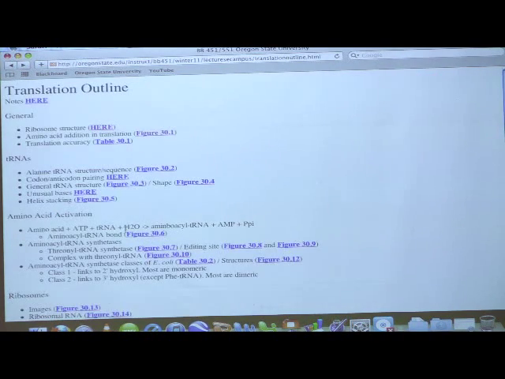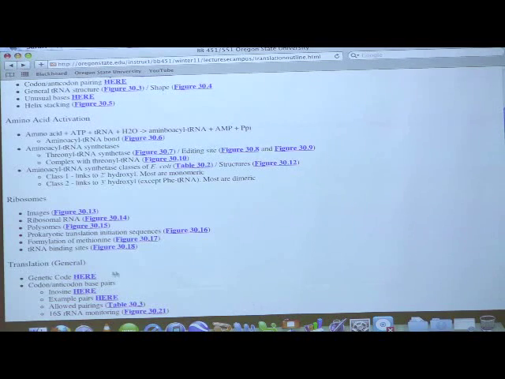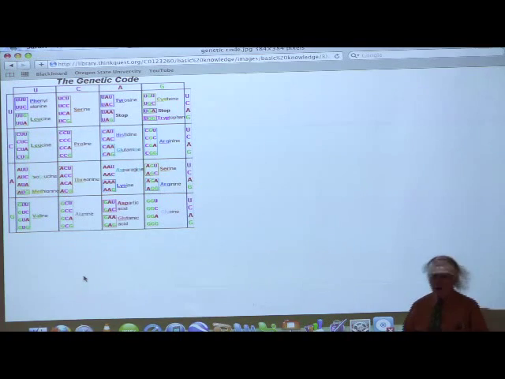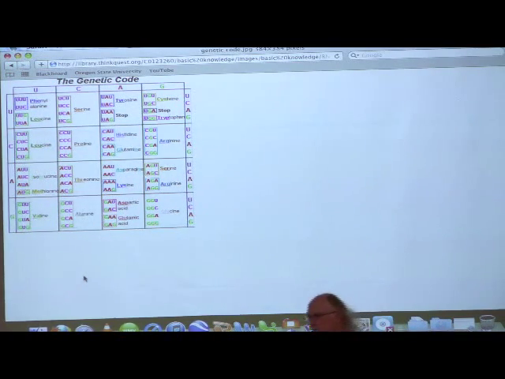Okay. So we need to think a little bit about how this overall process occurs. Okay. Translation occurs under the direction of what's called the genetic code. Okay?